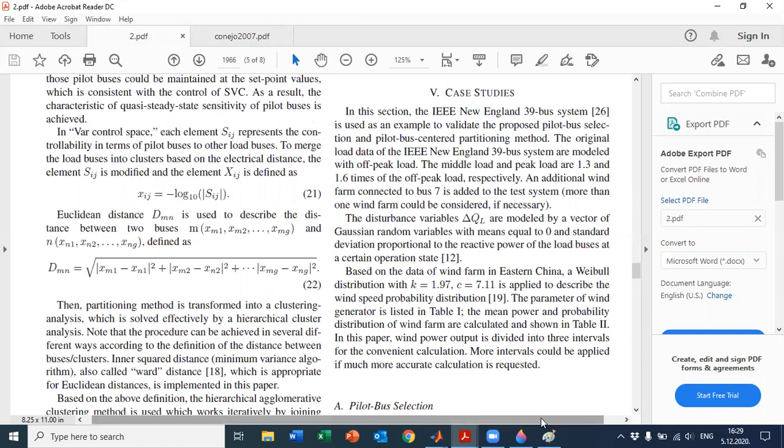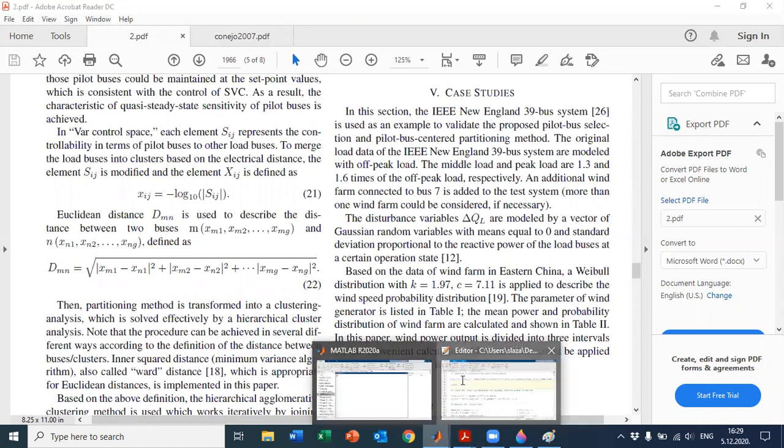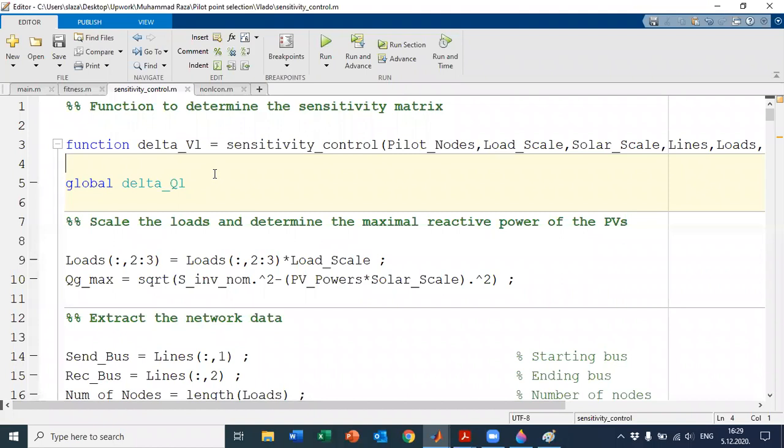What we've done here, and let me just show you that in the main function, is that it doesn't make sense to use different delta QL in every iteration. So we want to just generate a single disturbance and use that disturbance in every scenario, because it doesn't make sense to change the disturbance in every scenario and in every call of the objective function, because our genetic algorithm wouldn't converge.